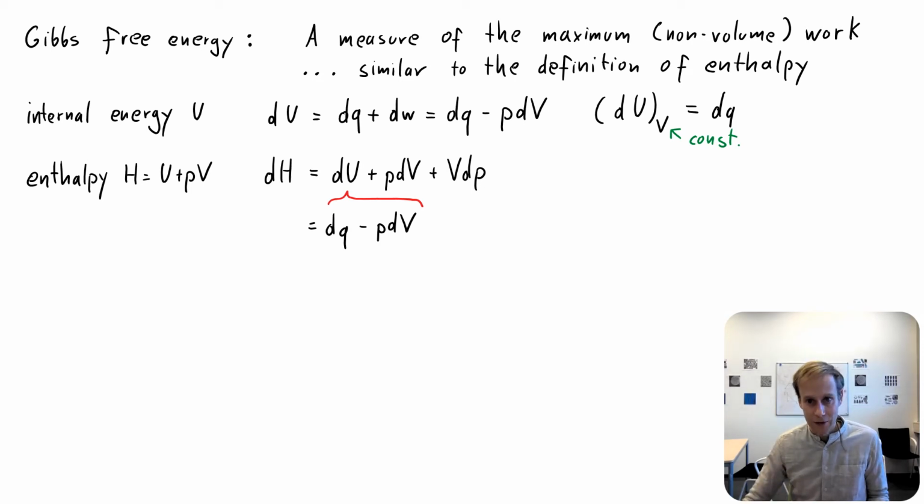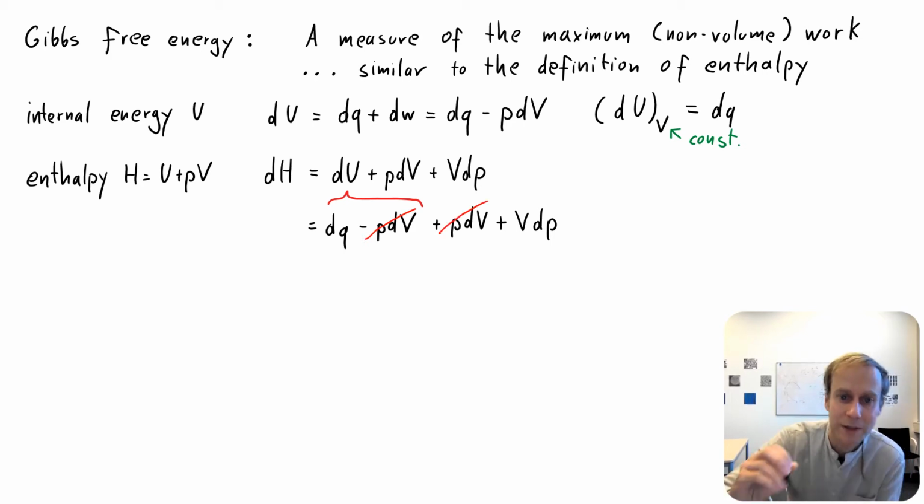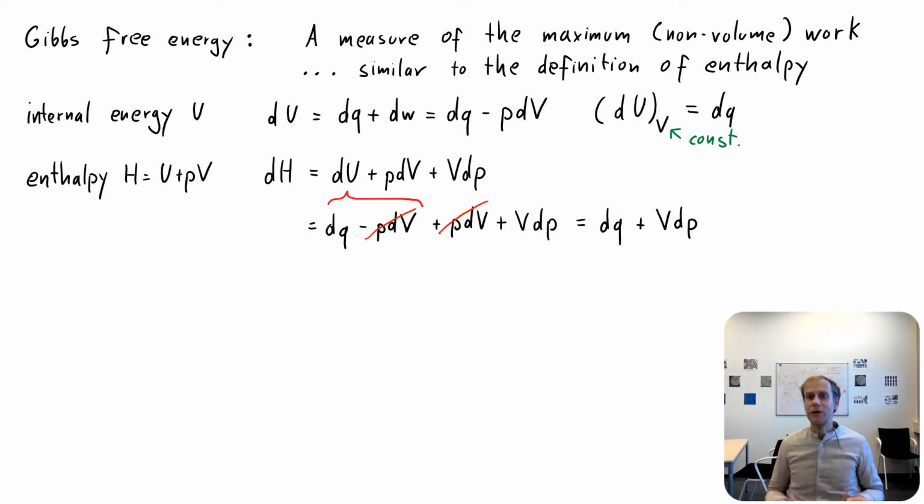So simply I substituted this in for dU, and then the remaining terms, pdV plus Vdp. Aha! Now we can see that this minus pdV term and this plus pdV term cancel out, and we simply have only left dq plus Vdp.